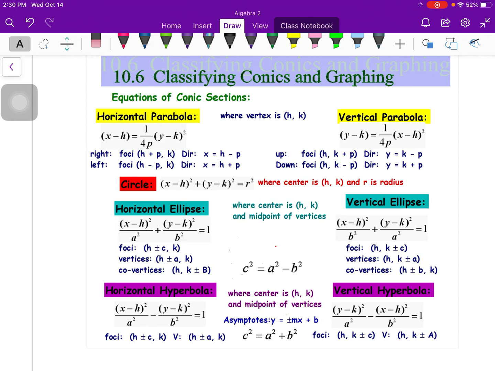Our ellipses are x squared over a squared plus y squared over b squared equals 1. And our hyperbolas are x squared over a squared minus y squared over b squared equals 1.